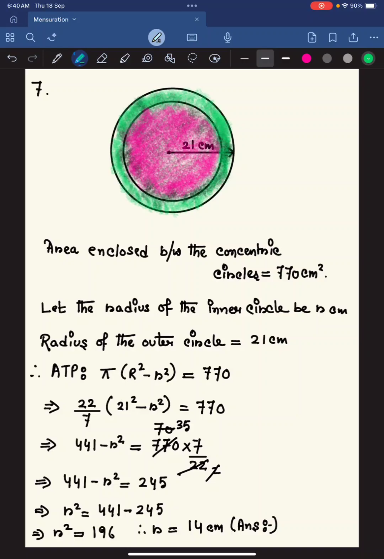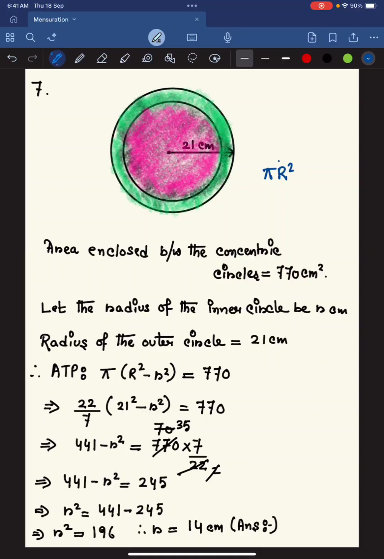Got it? So in order to find out the area enclosed between two concentric circles, the formula is pi capital R square minus pi small r square.